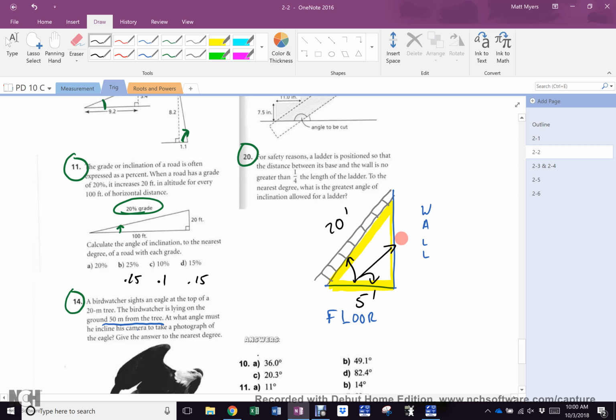You would use Pythagoras for this side, which would be the square root of 20 squared minus 5 squared, right? And that would be my opposite. So the shift tan of opposite, which is the square root of 20 squared minus 5 squared, over, what's adjacent? 5. That would give you your angle.